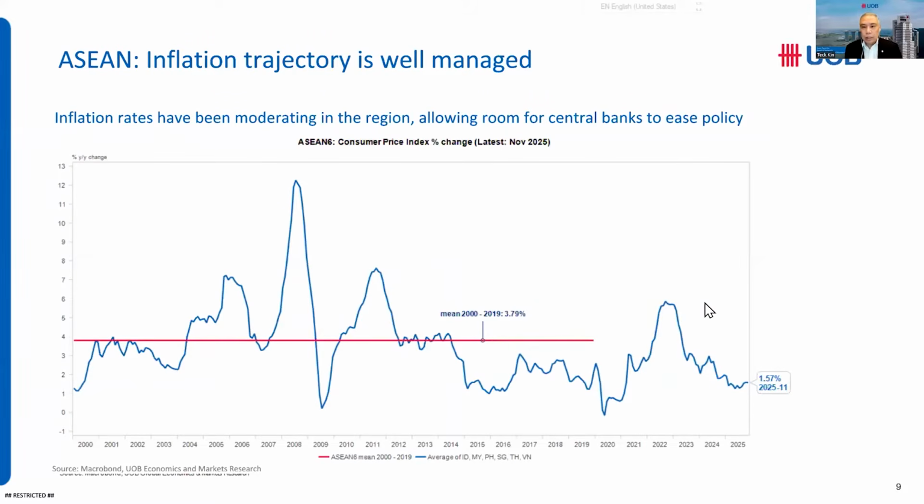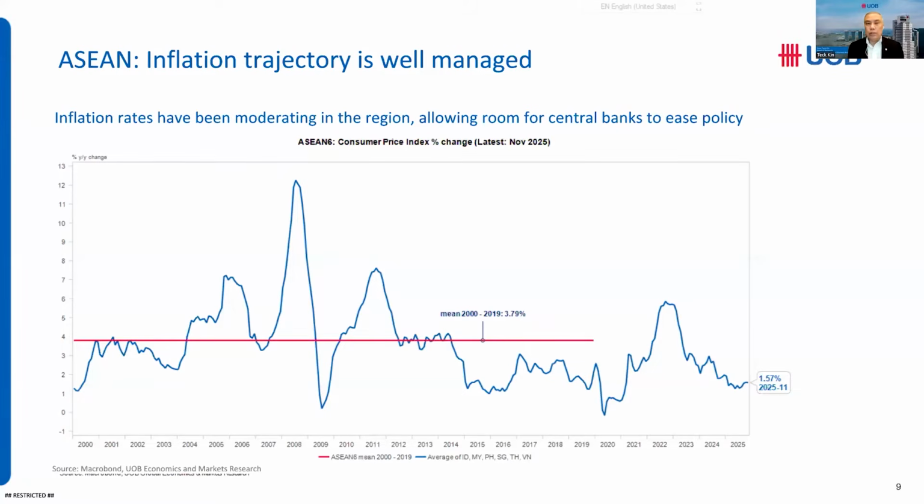All right, the inflation picture in Southeast Asia is actually quite benign, right? This inflation here, you can see that has been managed quite well. After the COVID high, it's been coming down and staying well managed. That means that central banks have a lot more flexibility.